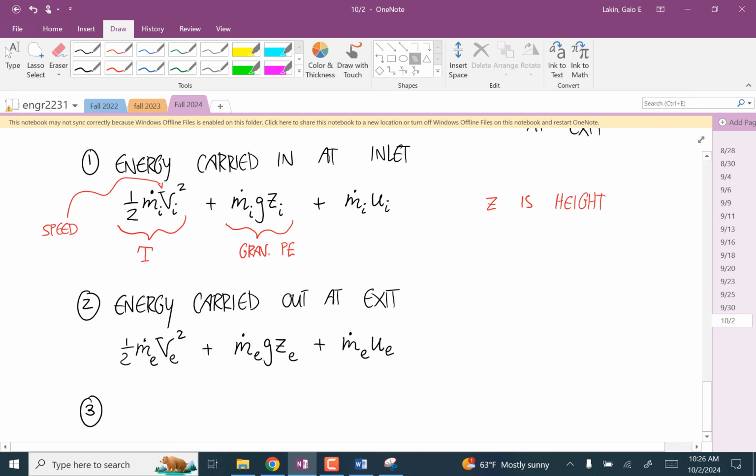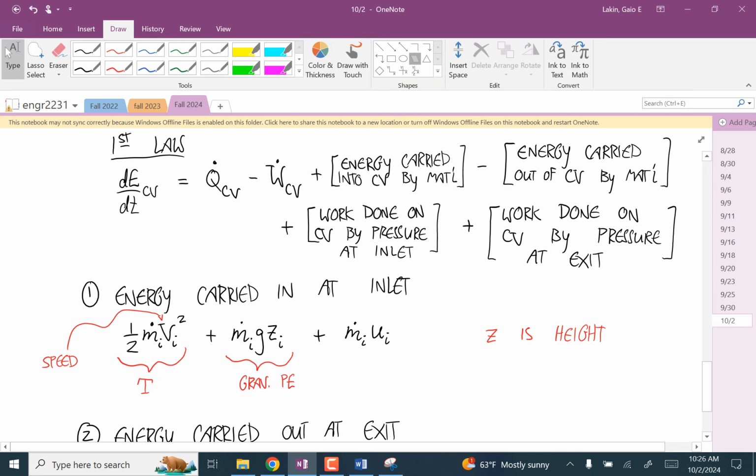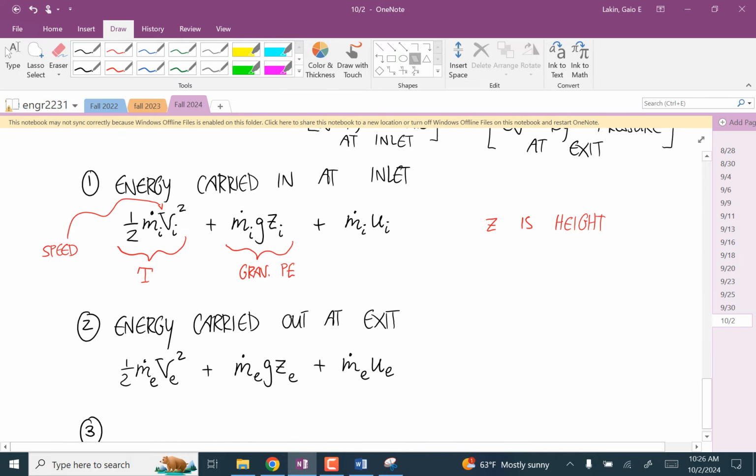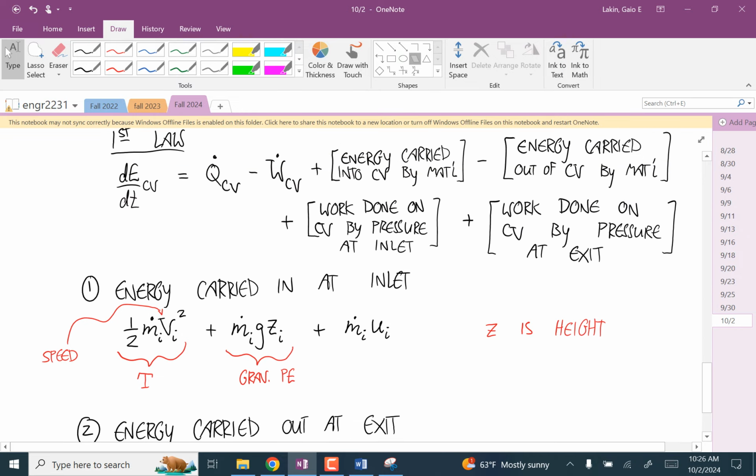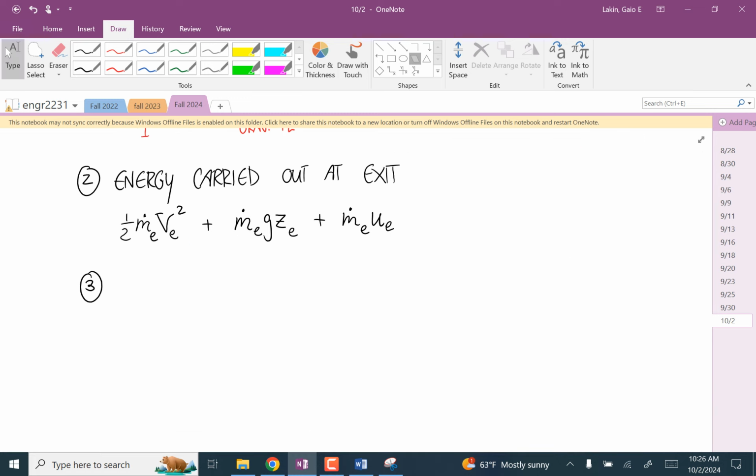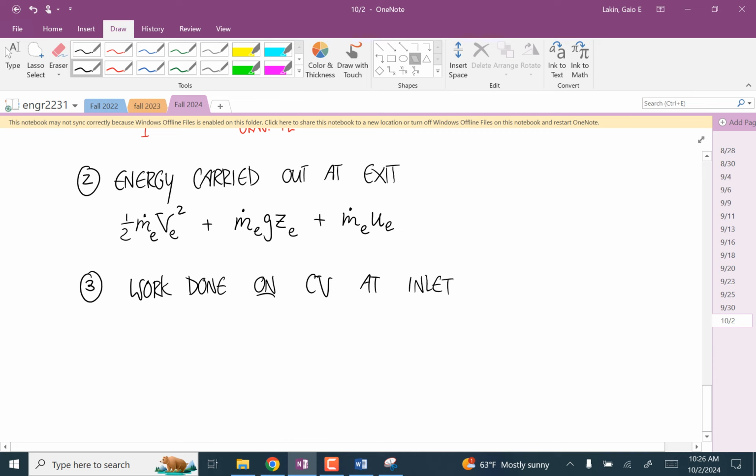Okay, so now we're on to the two that we're going to have to think a little bit more about. That's the work done on the control volume at the inlet and the exit. The work done on the control volume at the inlet first. And these are all rates.